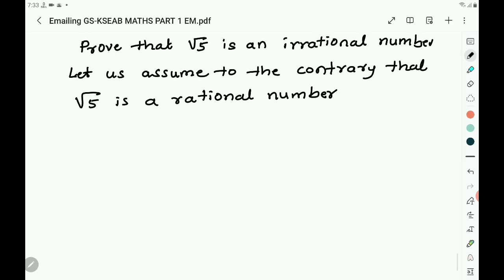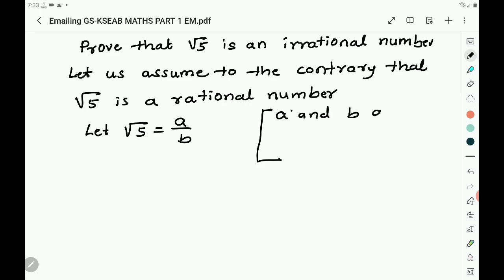If root 5 is a rational number, you can express this in the form a by b, where a and b are positive integers and they are co-primes. So let root 5 equal a by b, where a and b are positive integers and co-primes, that is, their HCF is 1.